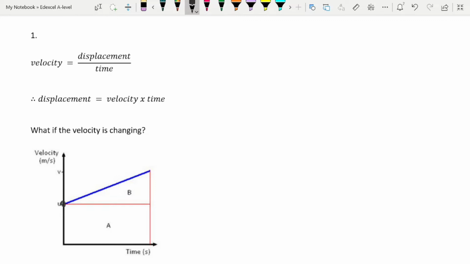The u is the starting velocity, v is the final, so our average velocity would be (u plus v) over 2. And since displacement is velocity times time, we can say s is equal to (u plus v) over 2 times t. And that is our first SUVAT equation.